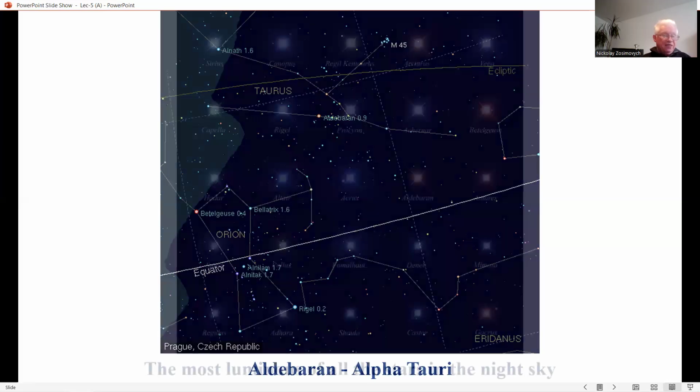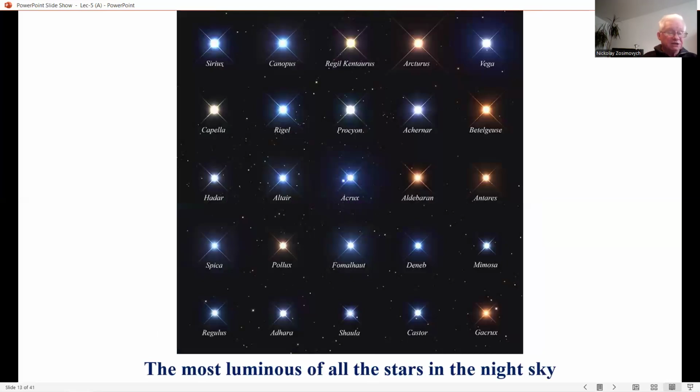The most luminous stars emit roughly 1,000,000 times more energy than the sun. And the least luminous stars emit over 1,000 times less.